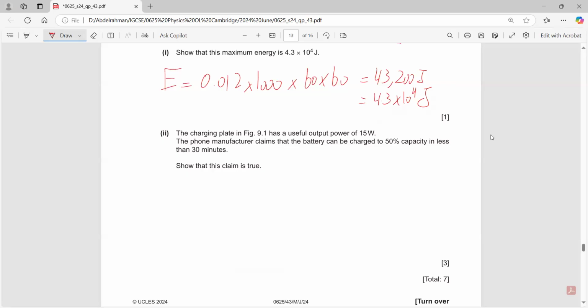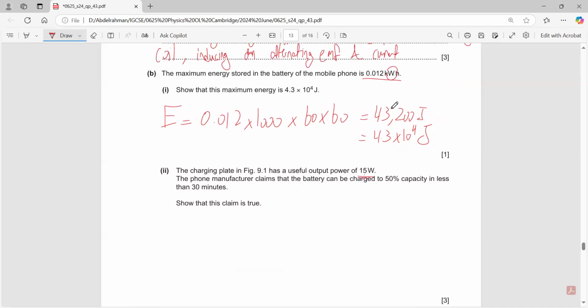If it has a useful output power of 15 watts, and the maximum stored is 4.3 times 10 to the power of 4 joules. What is 30 minutes? You can multiply it by 60, which is 1800 seconds.